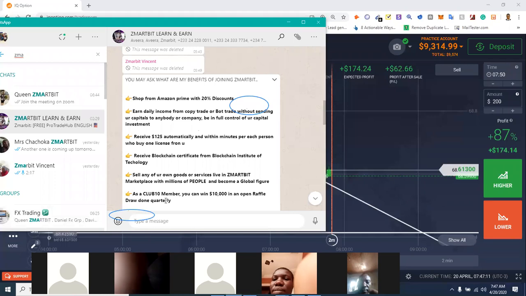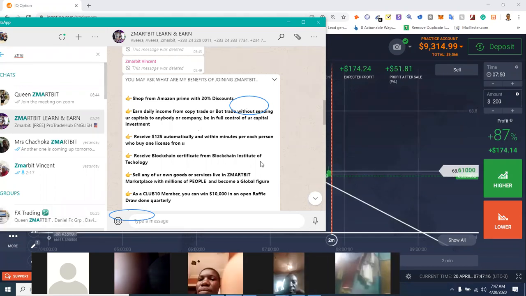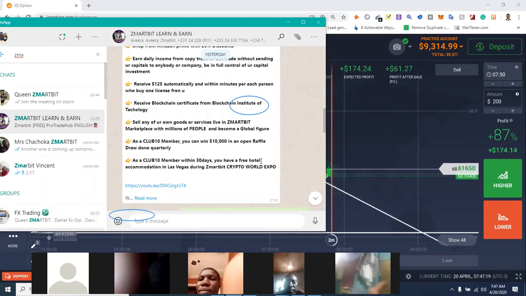As a Club 10 member, you can win $10,000 in an open raffle draw quarterly. And also as a Club 10 member, within 30 days, you have free hotel accommodation in Las Vegas, Greece. Oh boy. The beautifulness of this cannot be overemphasized.